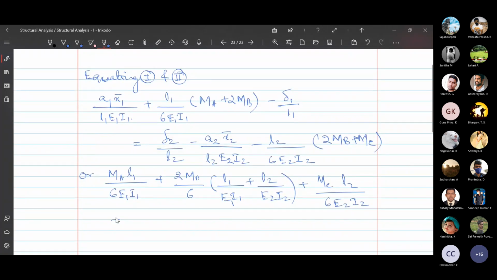Then, A1 X1 bar divided by L1 E1 I1 plus A2 X2 bar divided by L2 E2 I2 equals delta 1 by L1 plus delta 2 by L2.